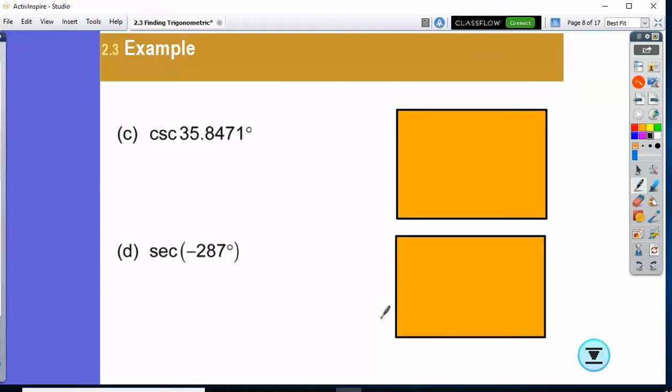If I want to do cosecant, cosecant is the reciprocal of what? Sine. So you will type it in as 1 divided by the sine of this.